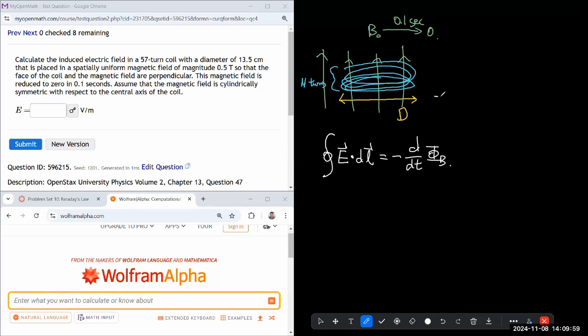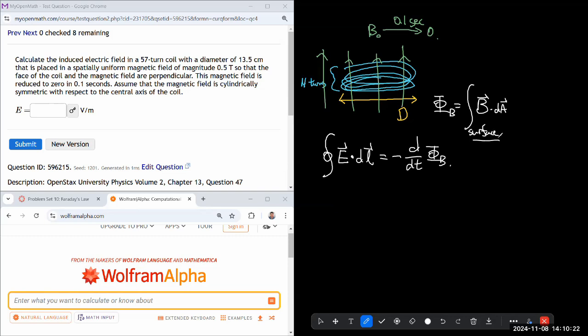And as a reminder, we defined the magnetic flux using B dot A. So in the most general case, it would be the surface integral, not necessarily closed, it could be open, of B dot dA, whatever the surface is that we are dealing with.